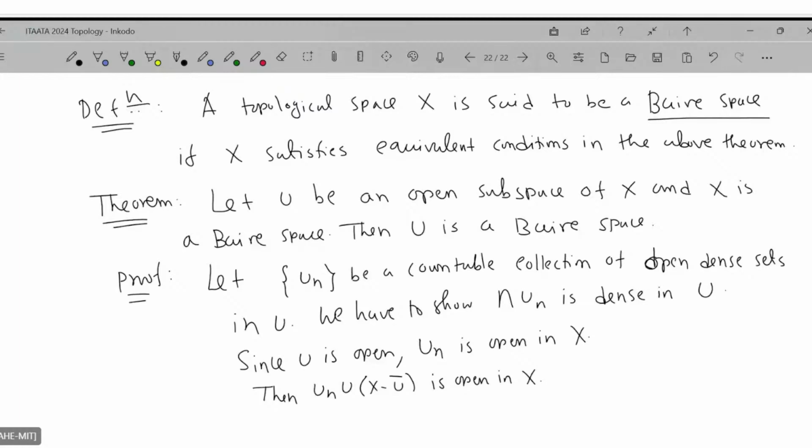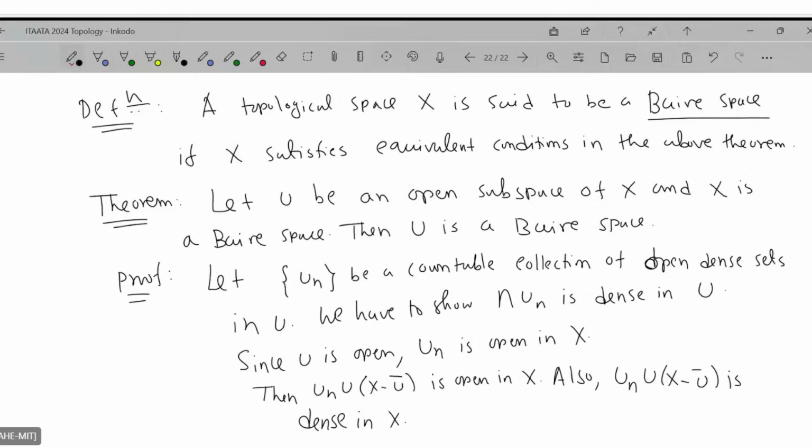If we suppose we can prove that it is dense, Un intersection union X minus U closure is dense in X. So since X is a Baire space, we take the intersection.